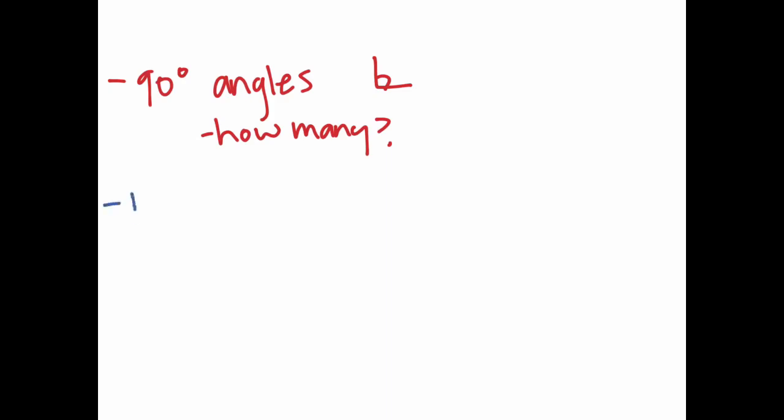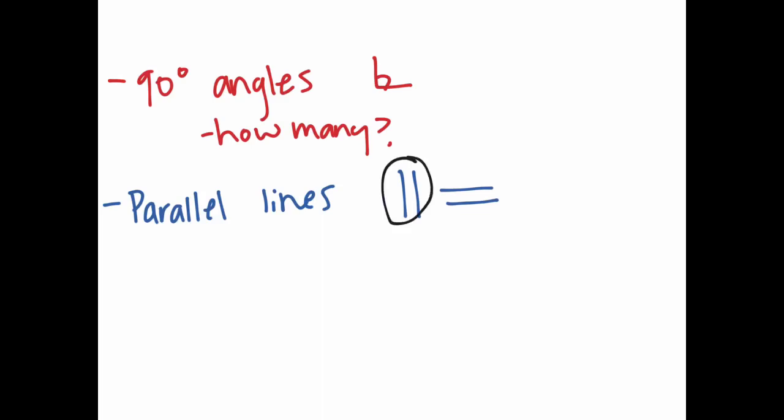Next, you want to look at if your shape has any parallel lines. Now remember, for lines to be parallel, they need to look like this or like this. And this would be considered a set, and this would be considered a set. So does your shape have any parallel lines, and how many sets?